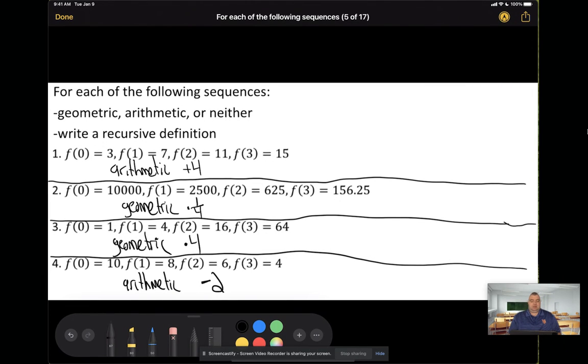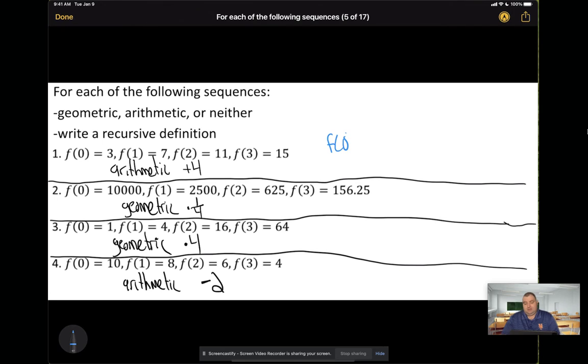Now that I know the patterns and the type of sequence, I can now go ahead and write the recursive definition for each. Remember from yesterday's lesson that the recursive definition has 2 parts. The first part is my starting term, my f of 0. In this case, my f of 0 is going to be 3 for number 1. And then we're going to write how we get a new term from previous terms.